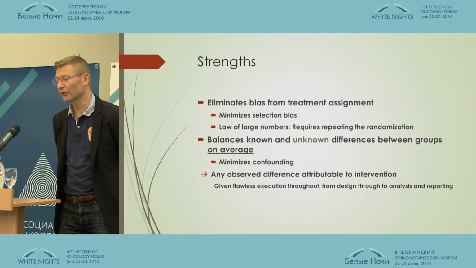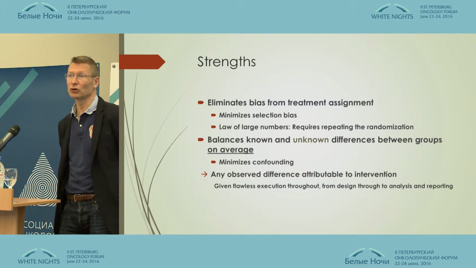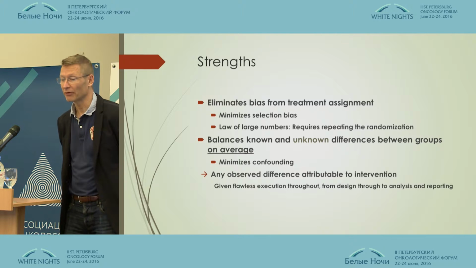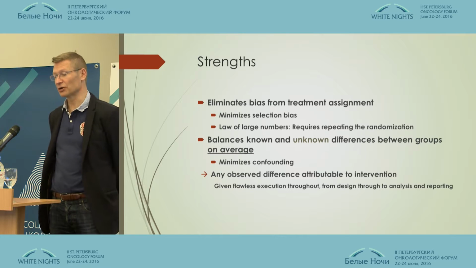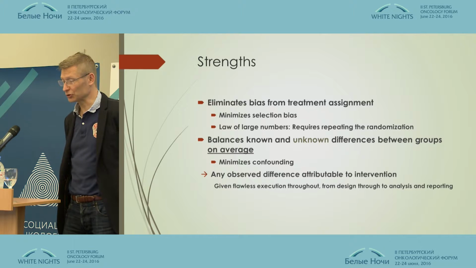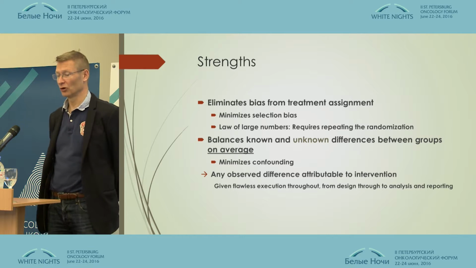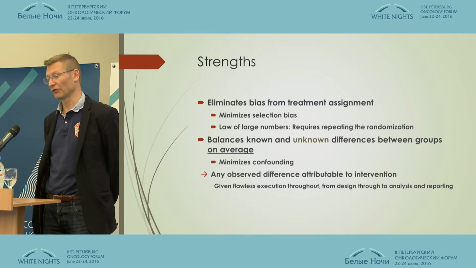And another beauty that's not achievable by any other means is that not only does randomization create similar distribution of known confounders, it can also be safely assumed that it will also diminish all differences in unknown determinants of the outcome.